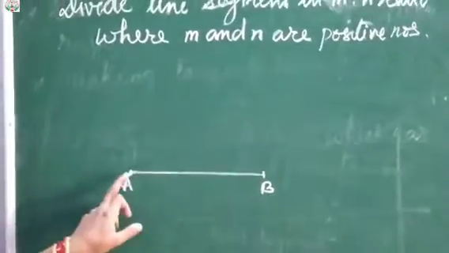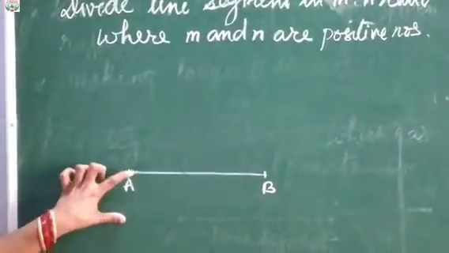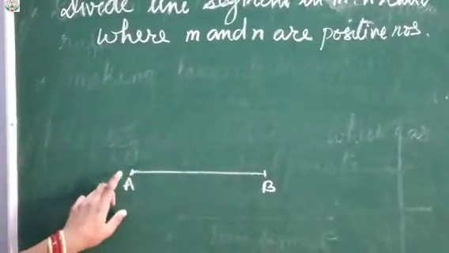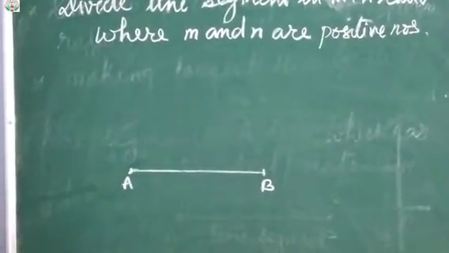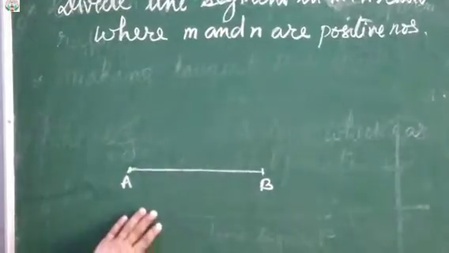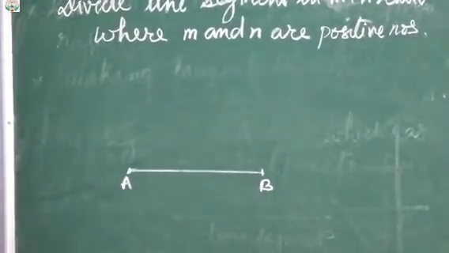Now we have to draw a ray at A making an acute angle. Acute angle means, as all of you know, children, less than 90 degrees.